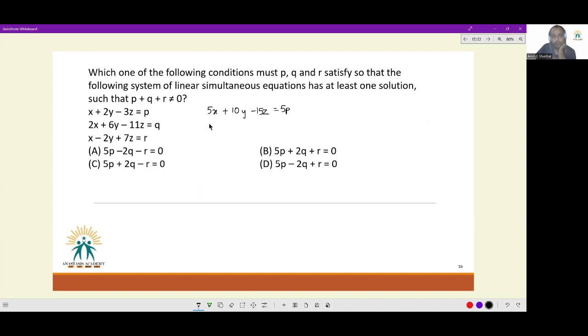2Q will be how much? 4x plus 12y minus 22z is equal to 2Q.